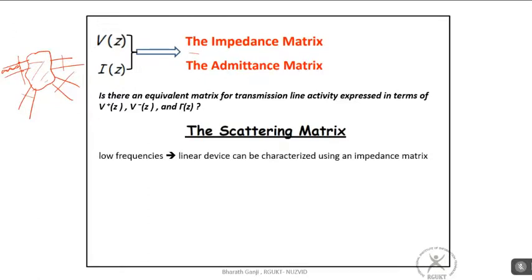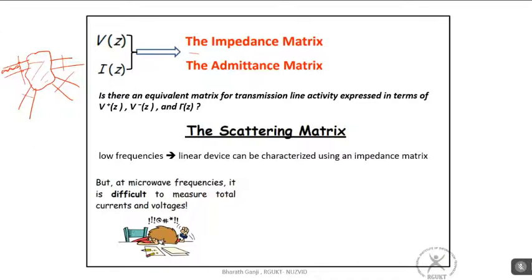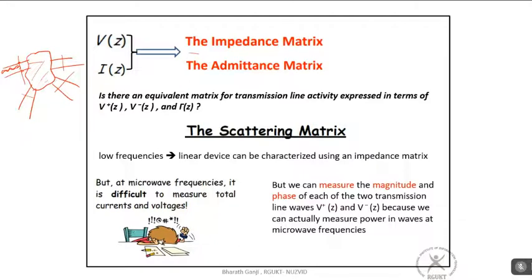At low frequencies, usually any linear device can be characterized using the impedance matrix. But at microwave frequencies, it's basically difficult to measure the total voltage and currents. Okay. Because what we can measure is basically the magnitude and phase, but we cannot directly measure the power. I mean, we cannot directly measure the total voltage. Okay. Because as we have discussed already, there is the difficulty in defining the voltage and currents for non-TEM lines.